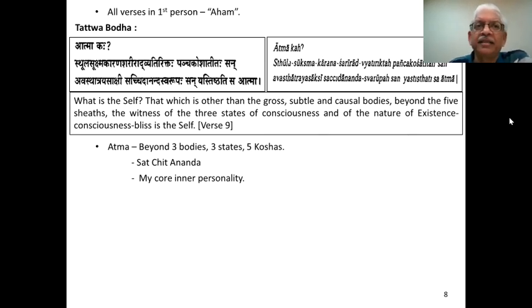Tat Tvam Asi. That is the teaching from the Guru to the student, disciple. Then the student thinks for himself. He learns to drop the waking state, the dream state, the sleep state. And then he says, Aham Brahma Asmi. I am that same Brahma principle, the changeless consciousness principle. I am that.